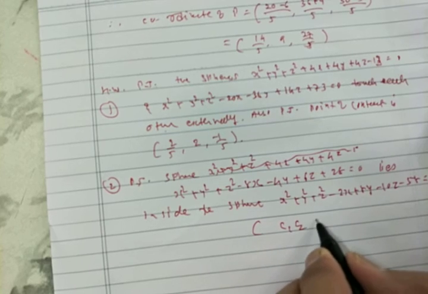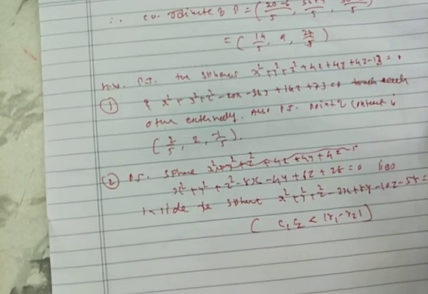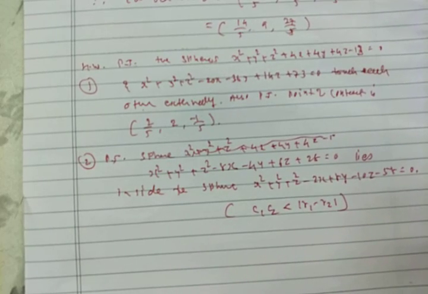Hint, you only need to prove that C1C2 is equal to magnitude of R1 minus R2. Then we can say that one sphere lies inside the other sphere.